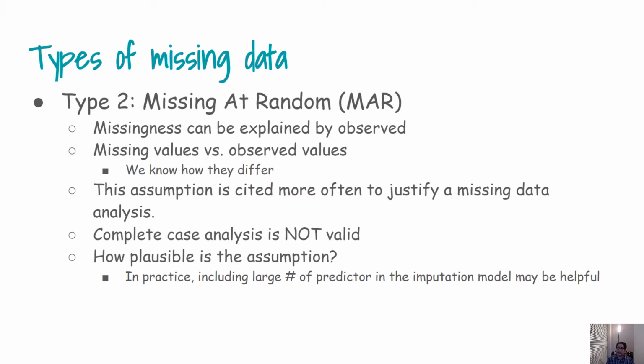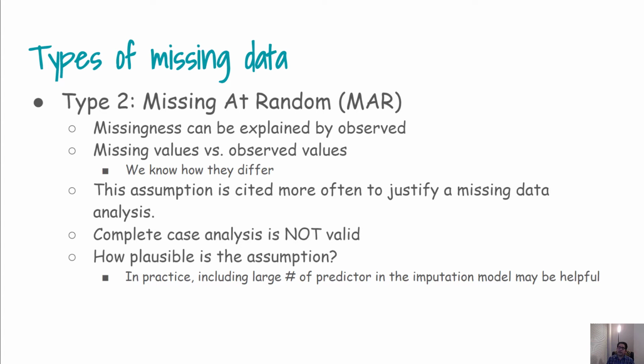That means that if we simply try to check the values or the persons that have missing values for a covariate versus the observed values from some other subjects, then usually it is possible to figure out whether that missingness or the people who respond less have a particular reason or not.